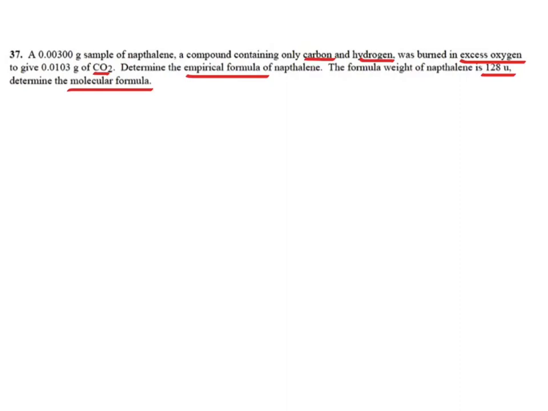So we got a lot of parts going on here. The very first thing is we know this compound is a hydrocarbon. It contains carbon and it contains hydrogen. I do not know in what ratio, so my subscripts are X and Y. It is burned in excess with oxygen.